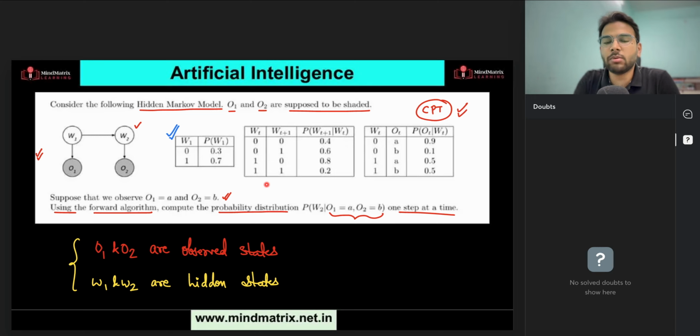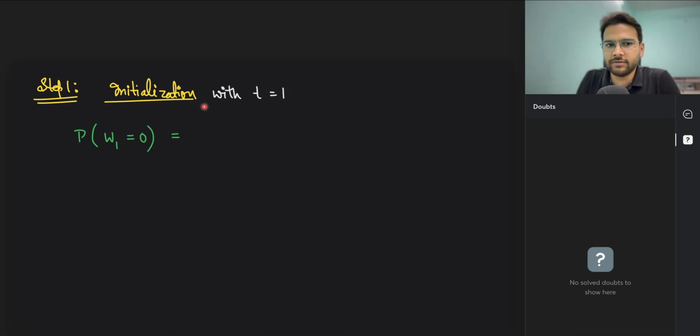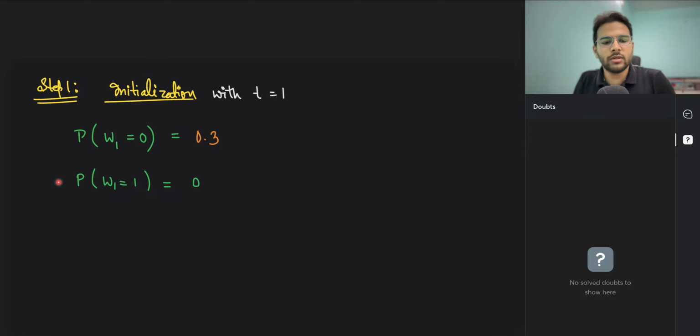And probability of W1 is equal to 1, that is 0.7. Though you can directly use the table, just for proper understanding, I'm writing everything here. Fine. So in step one, this is the first thing that we have to do.